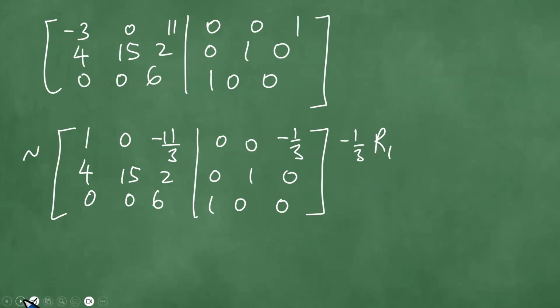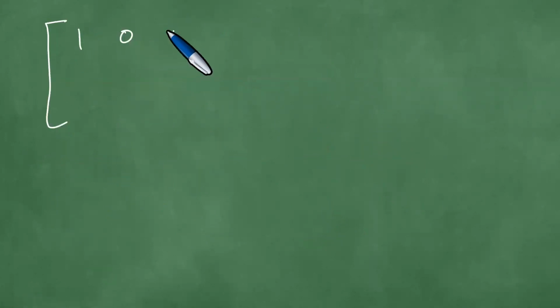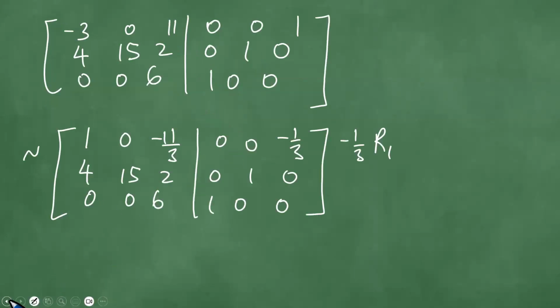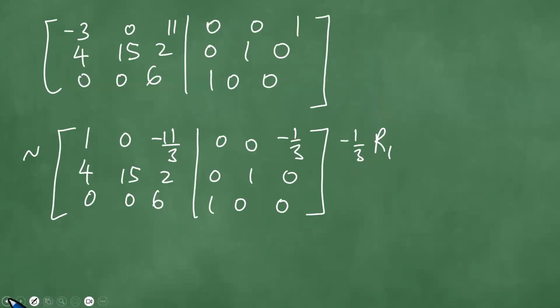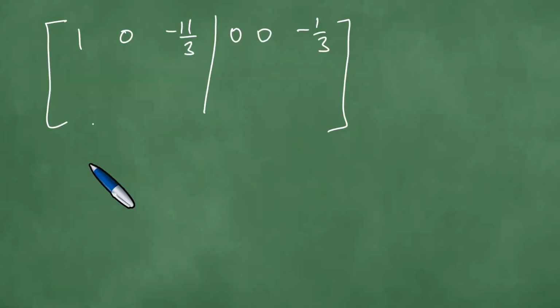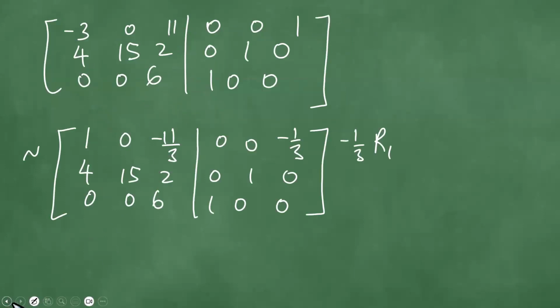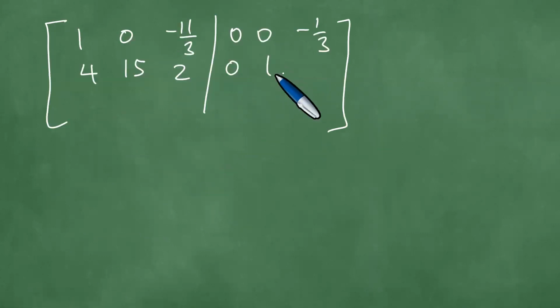And then you have 1, 0, minus 11 out of 3, 0, 0. And then you have 4, 15, 2, and then 0, 1, 0, 0, 0, 6, 1, 0, 0.